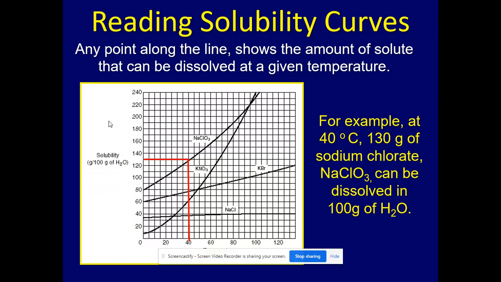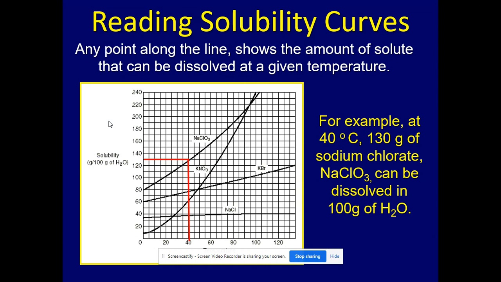Here's an example of how to read one of these graphs. At 40 degrees Celsius, 130 grams of sodium chlorate, NaClO3, can be dissolved in 100 grams of water. So we're going to look for 40 degrees down on the x-axis, and then look for 130 grams over on the y-axis and find that point.